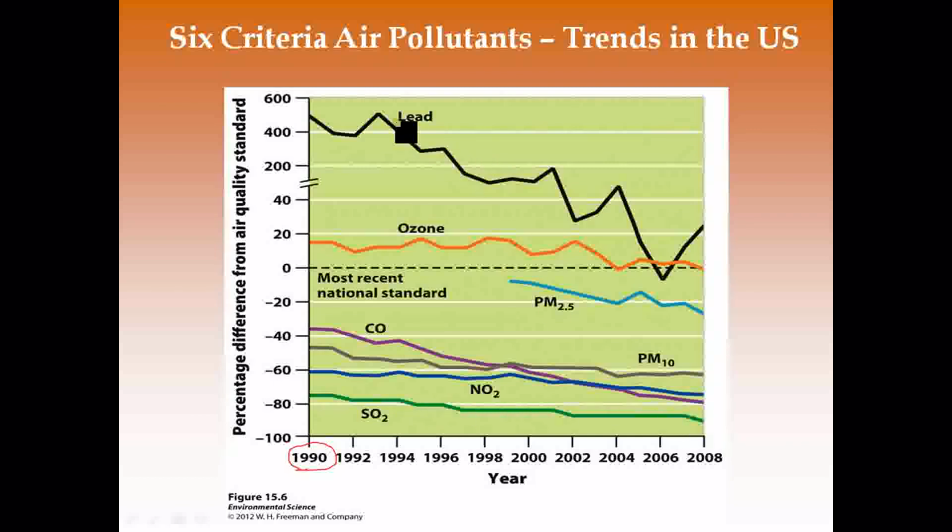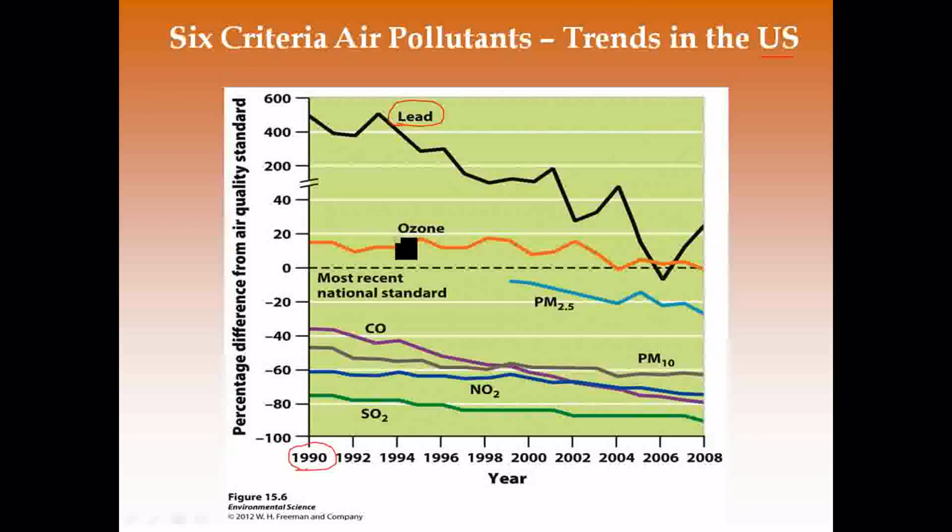Lead is the best at coming down, and that shouldn't surprise you as we continue to outlaw lead in products and so forth, and as we continue to get rid of gasolines that have lead in them. Remember, this is in the United States. We see a downward trend in the amount of lead.